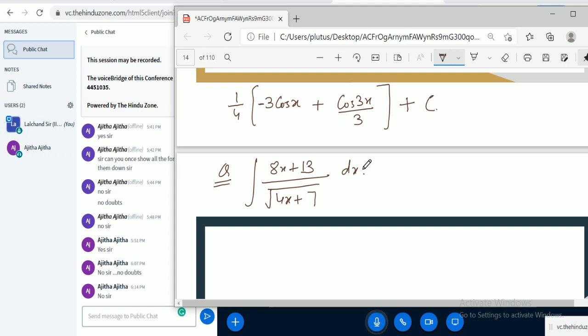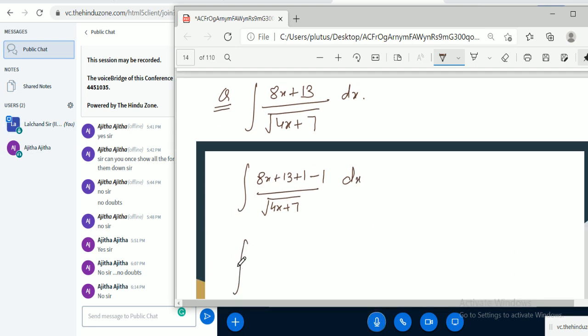Okay, if we rearrange this equation in the numerator part, we can write 8x plus 13 plus 1 minus 1, divided by under root of 4x plus 7 dx. Okay, so if we take 2 common, that will be 4x plus 7 minus 1 divided by under root of 4x plus 7 dx, isn't it?